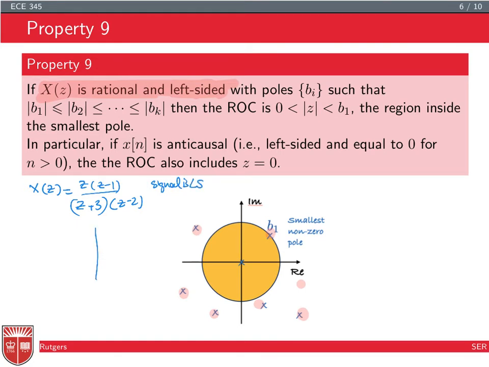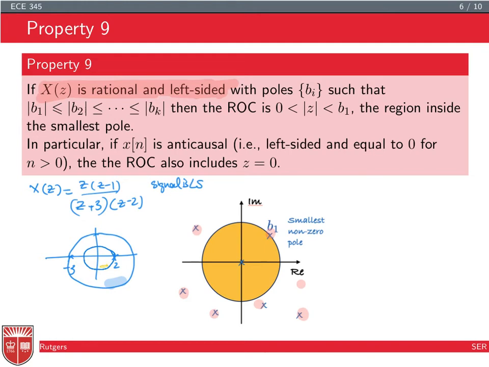Then I know in the z-plane here, I have two poles, one at 2 and one at negative 3. And then I know because the signal is left-sided that the ROC is going to be the interior. Sorry, this is wrong what I did here. So it's going to be the interior of the smallest circle. So it's going to be the interior of the circle at 2.